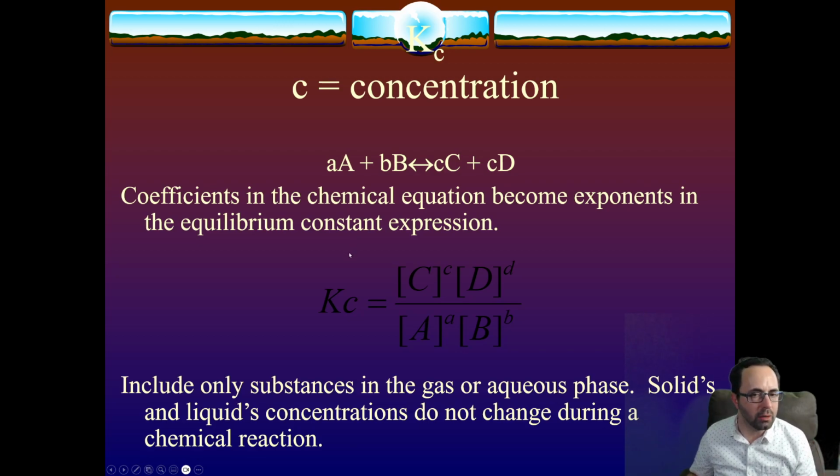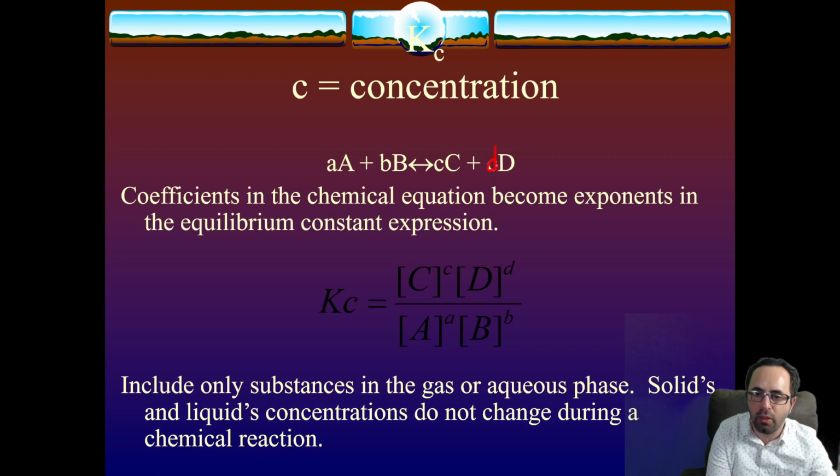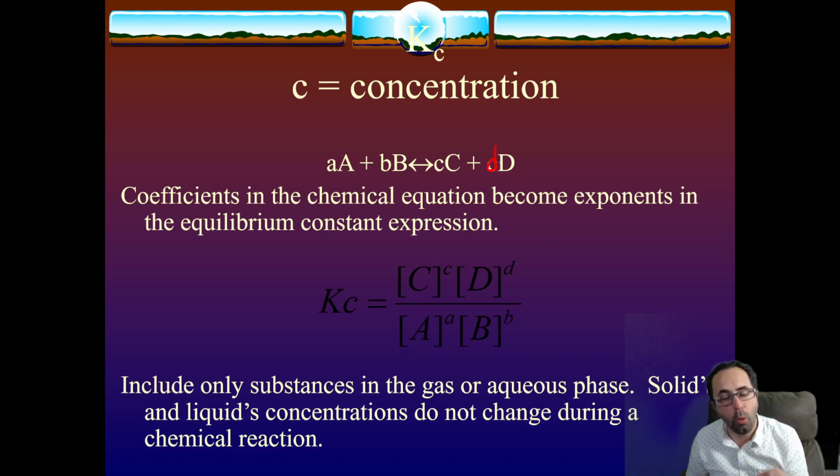So if we have a general reaction like this one here, where the small a, small b, small c, small d are coefficients in the balanced equation, like 1, 2, 3, 4, and A, B, C, and D are the actual reactants and products.